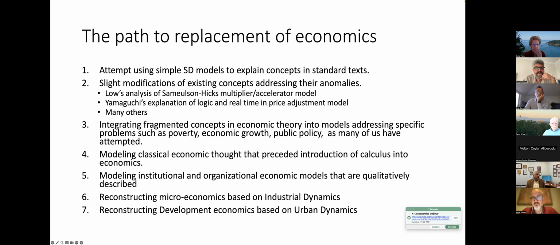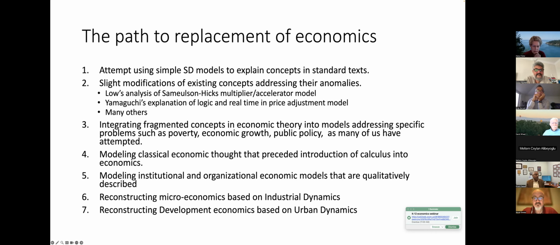So we are using simple SD models to explain concepts in standard texts. Some of us have introduced modifications. The oldest analysis I can find is Gilbert Lowe's work on modeling Samuelson-Hicks multiplier accelerator model.